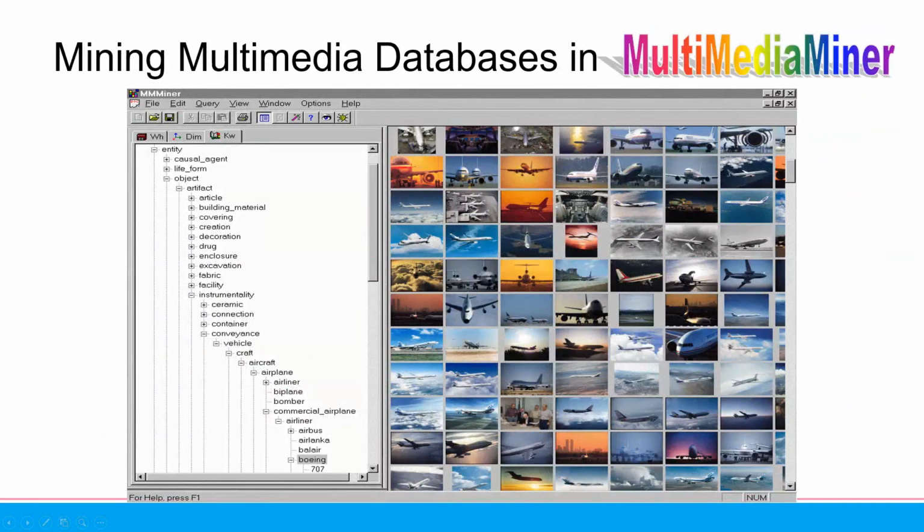So do we make the categorization? Like what is the entity? You have causal agent, life form, object, and so on. So this is the collection of Boeing. Boeing is a manufacturing airline company, and this is the collection of airplanes from Boeing.